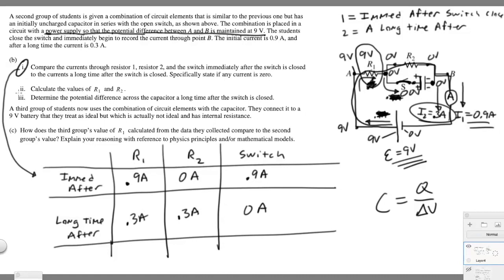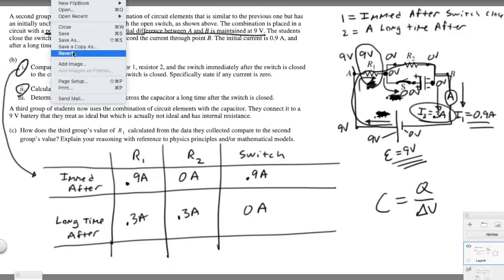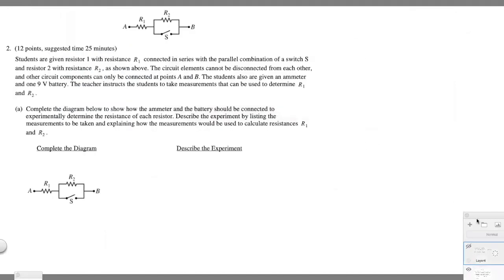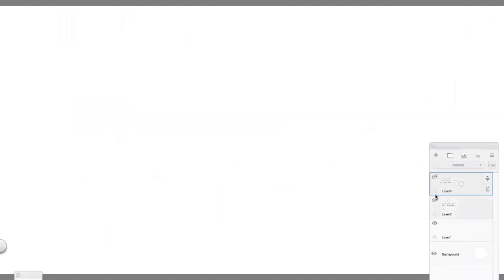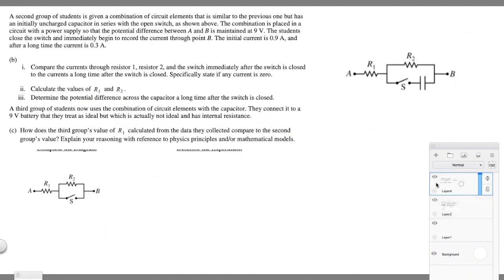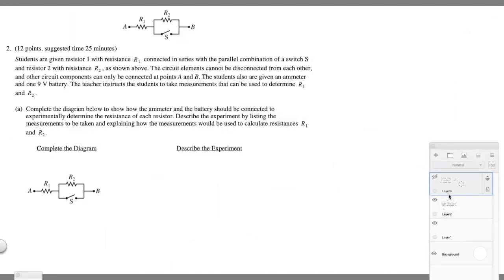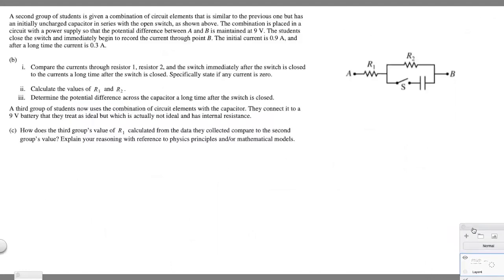Okay, let's go to number 2. We're getting near the end here. Calculate the values of R1 and R2. So let's clean this up. Let's revert this back. So again, 1 is immediately after switch closes.